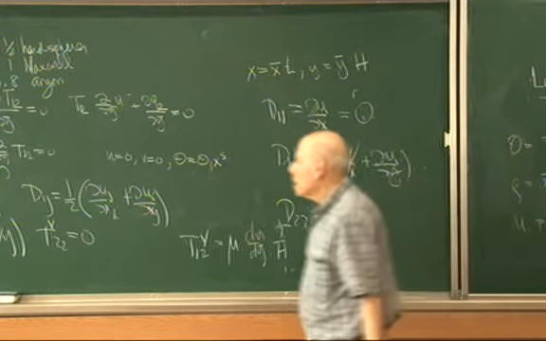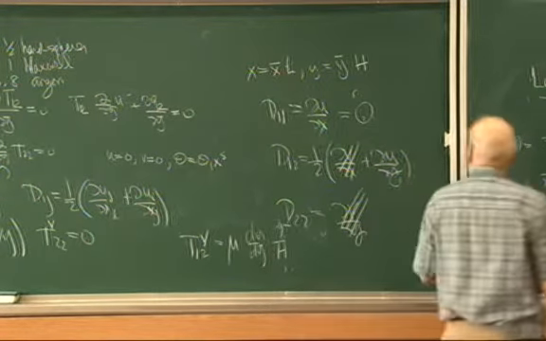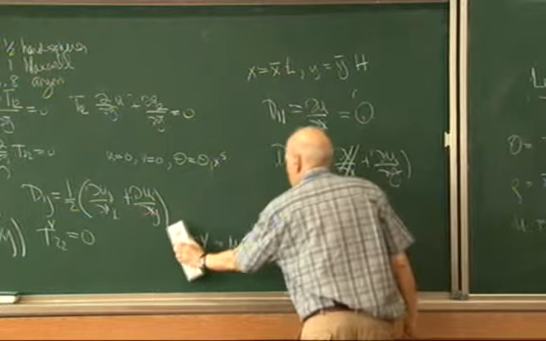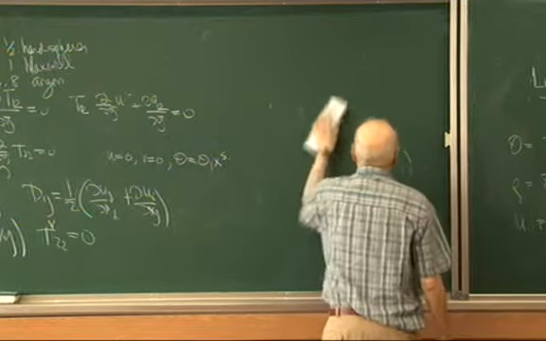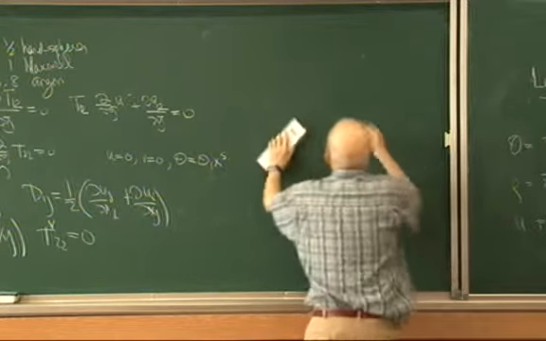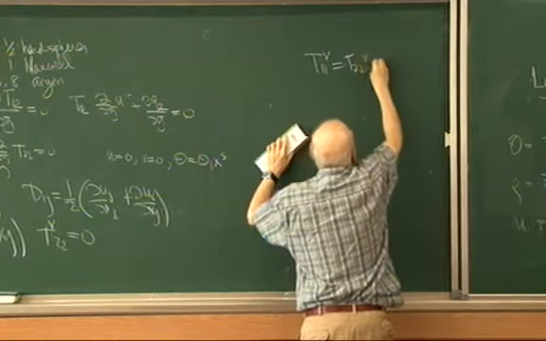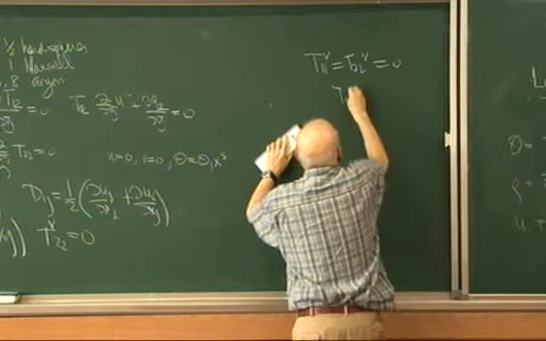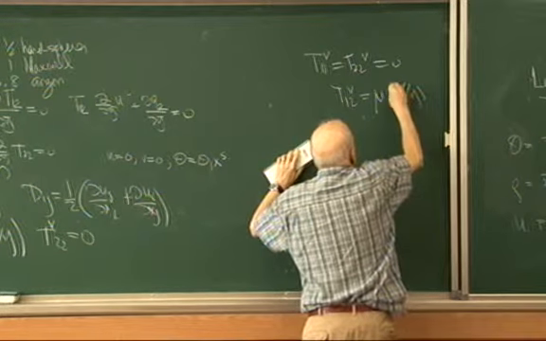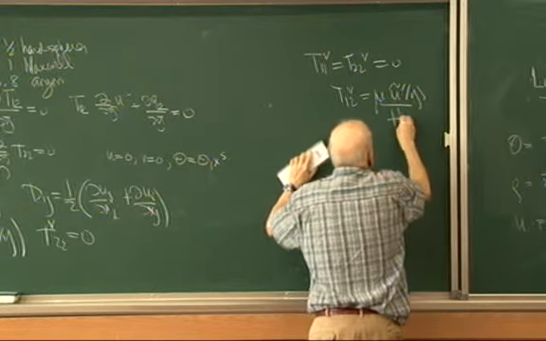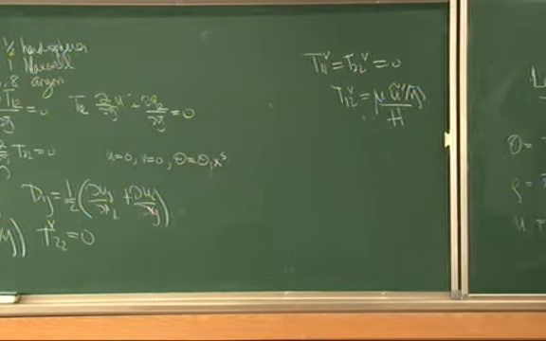So let's write here, to keep a record: we found out T11V equals T22V equals 0, and T12V is mu u prime, where u is the new variable, divided by h, by the chain rule.